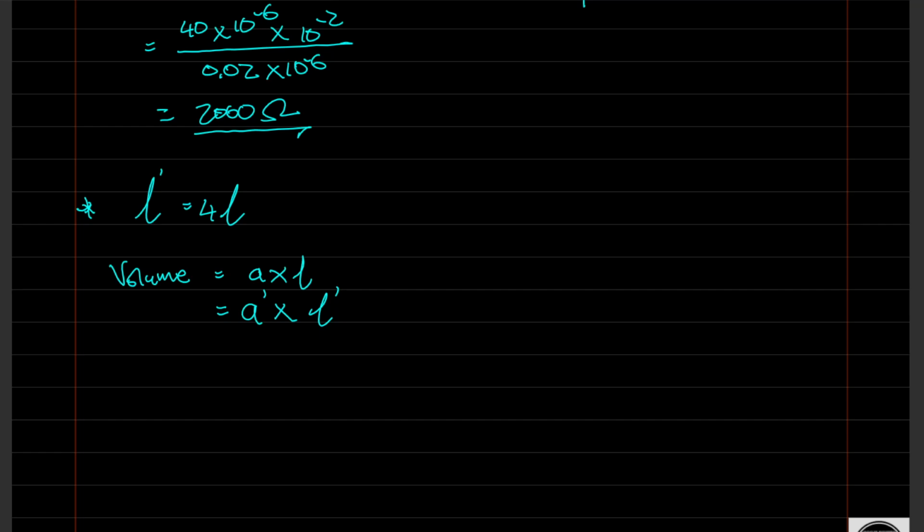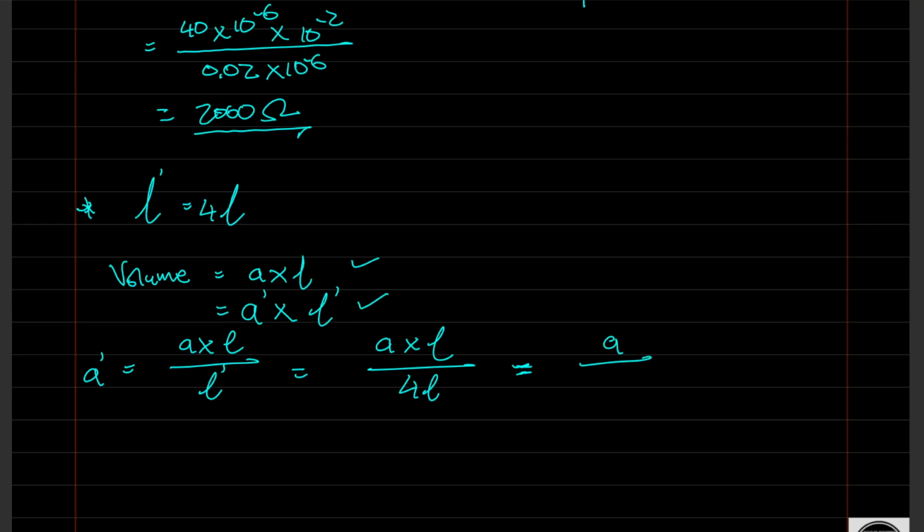So if we equate these two equations and make A dash our subject of the formula, we'll be left with A times L divided by L dash, which is equal to A multiplied by L divided by, what's L dash? I did say L dash is equal to 4L from first. Now these two L's are going to cancel each other out, and I'll be left with area divided by 4.